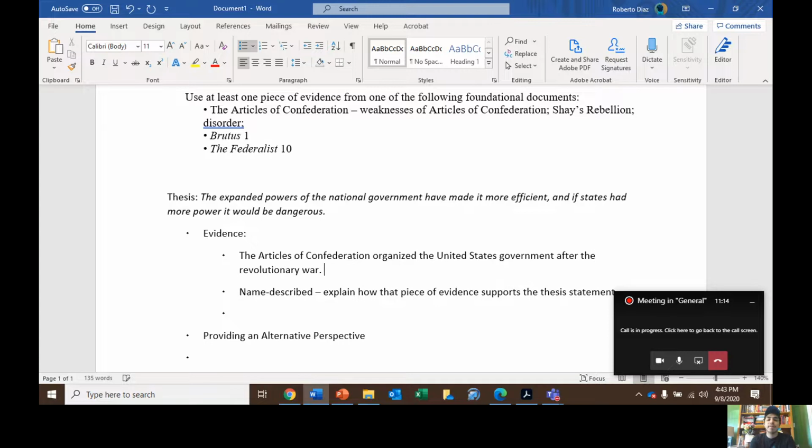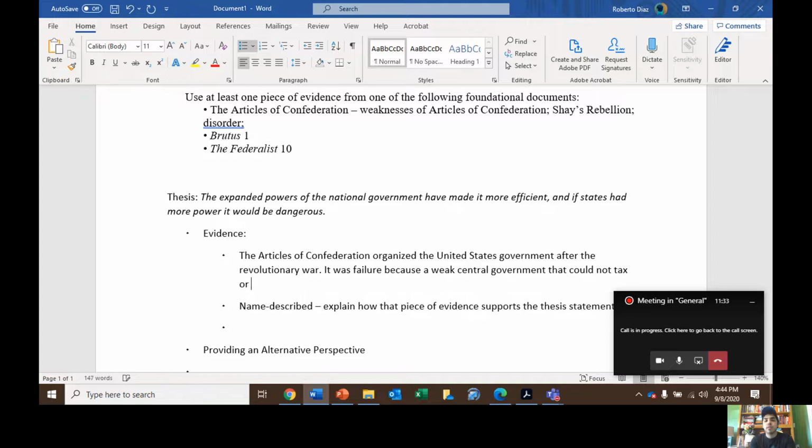And I can get dramatic. It was a failure because of a weak central government that could not tax or raise a standing army.